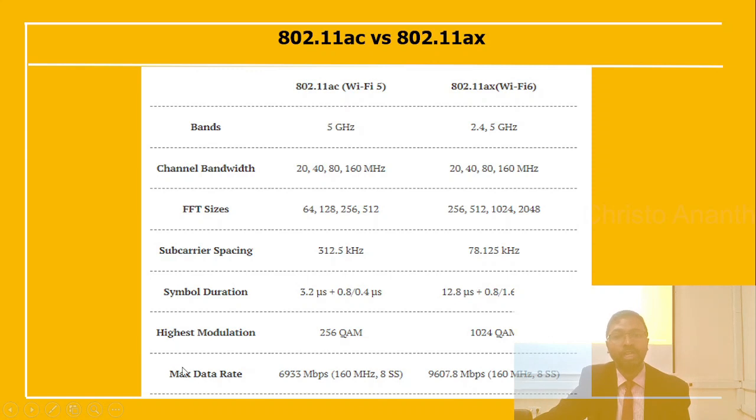Subcarrier spacing is 312.5 kilohertz, but with the AX standard it is much less, 78.125 kilohertz. Symbol duration is 3.2 microseconds plus 0.8 or 0.4 microseconds; here it is 12.8 microseconds plus 0.8, 1.6 or 3.2 microseconds. Highest modulation is 256 QAM, here 1024. Maximum data rate is 6933 Mbps, here 9607.8 Mbps.